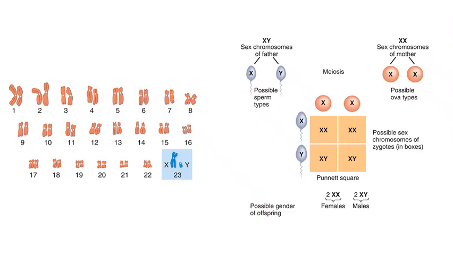When a spermatocyte undergoes meiosis to reduce its chromosome number, it gives rise to two different sperm, one that contains an X and one that contains a Y. Remember, oocytes have no Y. So that's why it's the male that determines what the gender is going to be.